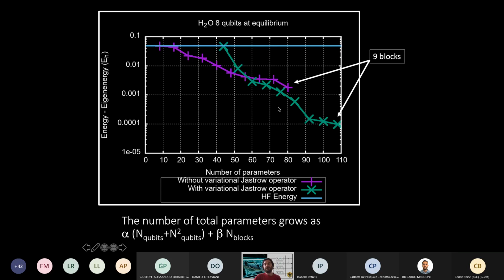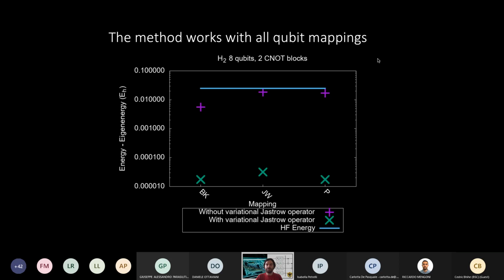This can show that, of course, you have more parameters with our approach, but if you are limited in the number of blocks, and actually you are limited, because noisy NISQ devices are limited by the number of blocks, so the circuit length is limited, then you always have an advantage, even if you have more parameters. Okay, this is also showing that our scheme is working also for a different mapping.